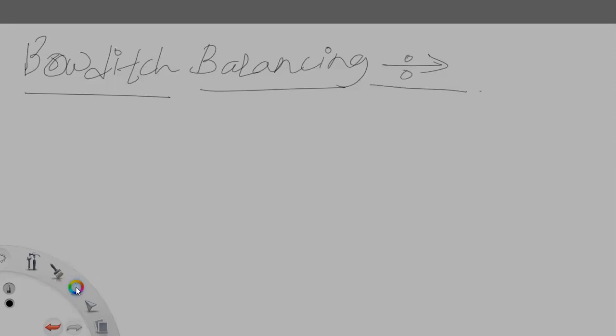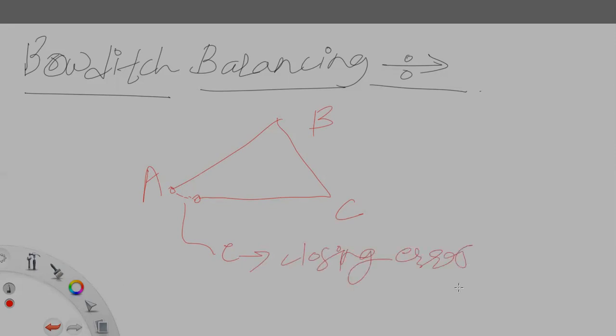Let us assume that your traverse is like this: A, B, C. Now, your starting point and end point should match each other, but there is an error, and that E is nothing but your closing error.